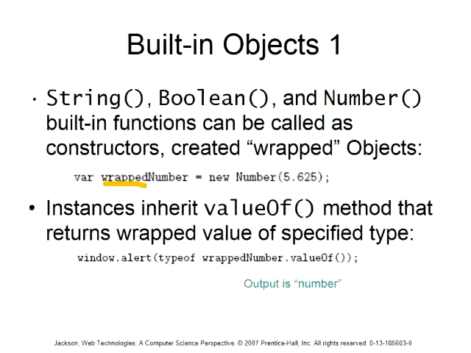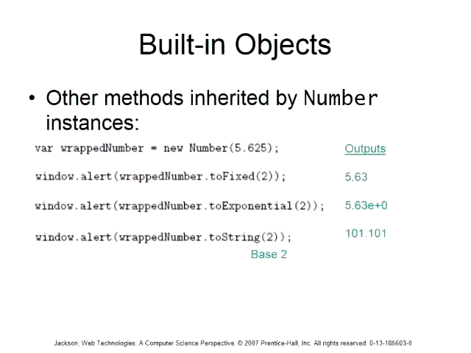To create this wrapped object, we can use the constructor String to create a wrapped string, the constructor Boolean to create a wrapped Boolean, and the constructor Number to create a wrapped number. This is an example. We can write wrapped number equals new Number 5.625.